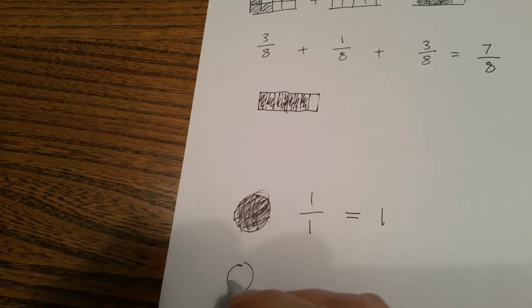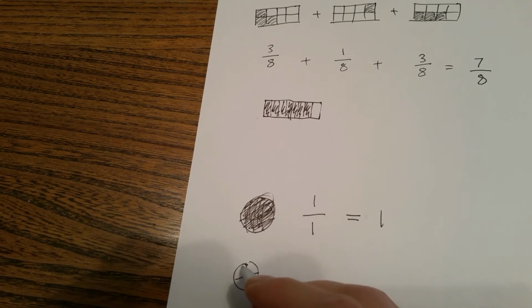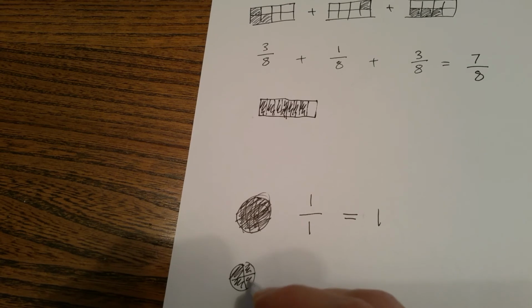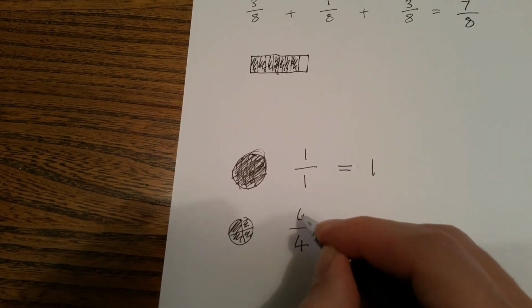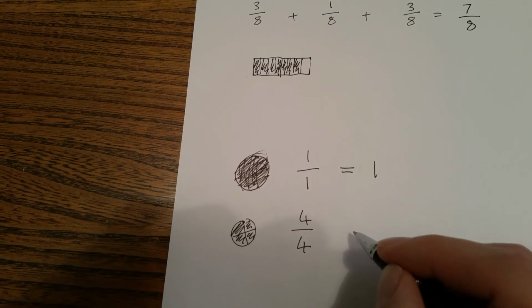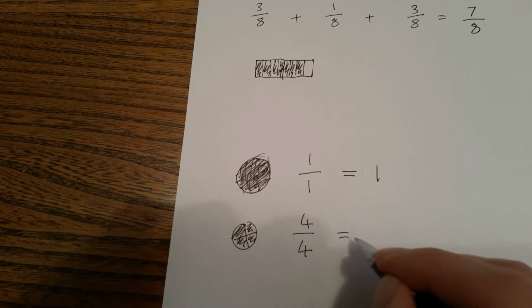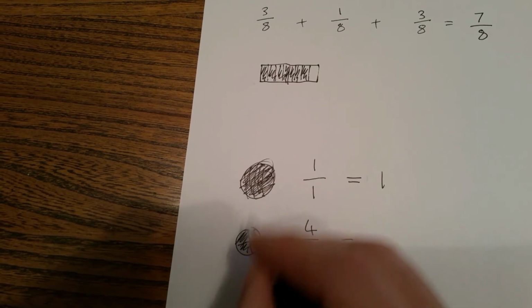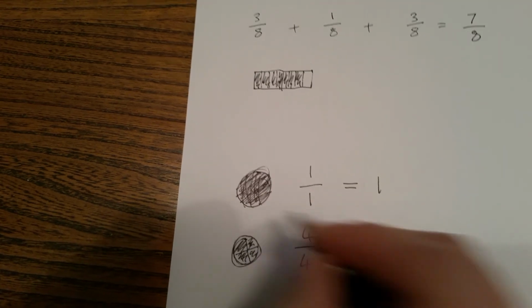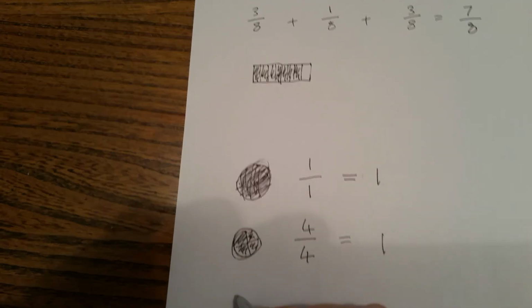And again, if I had a pizza and I split it into 4, but then I ate all 4 parts, my fraction would be 4/4. And 4/4 doesn't equal 4. It's the same as 1, still equals 1.